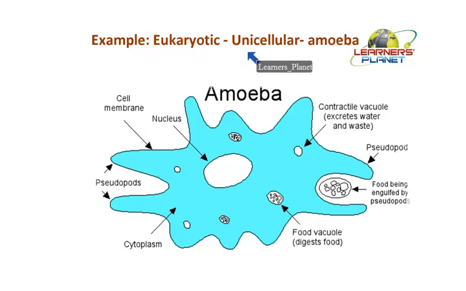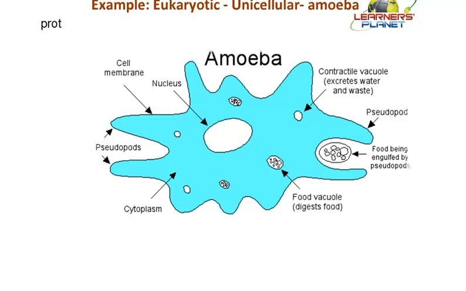Now these eukaryotic unicellular organisms actually form an entire kingdom, an entire group of organisms, and that you are definitely going to study in the further chapters. But for your information, we can say that all the unicellular eukaryotic organisms come under the group or kingdom known as Protista.